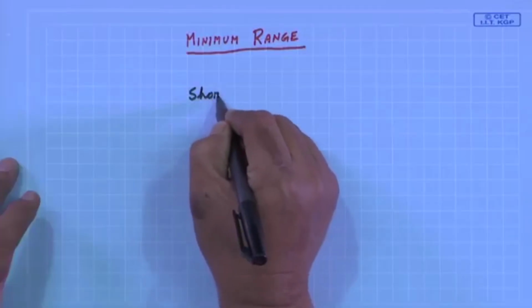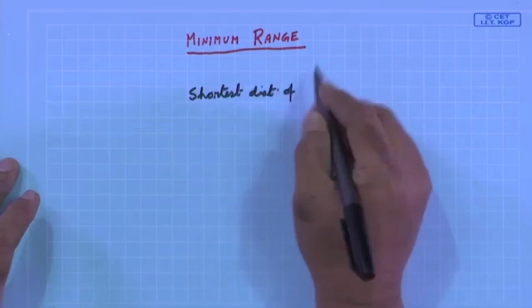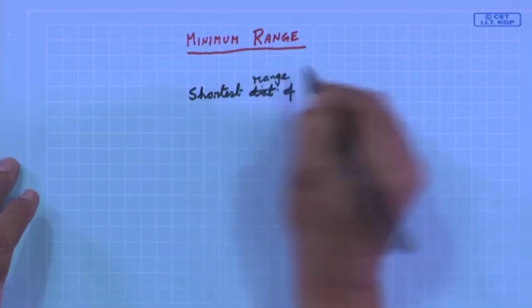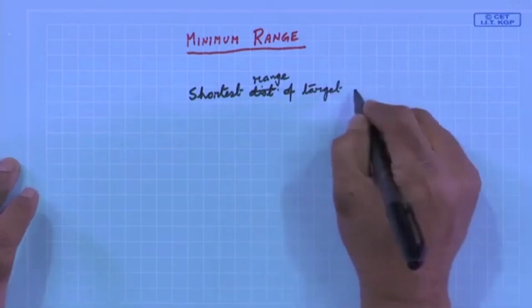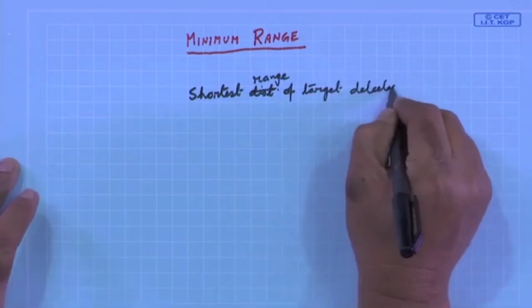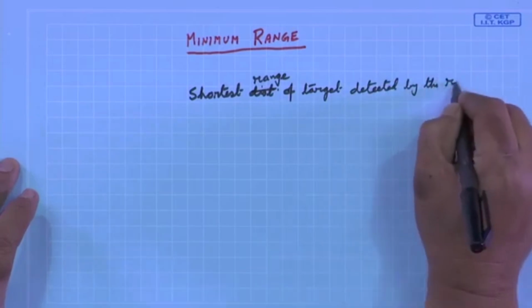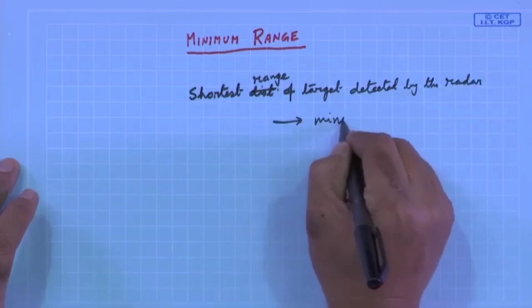First, let us say the basic definition is the shortest distance, or shortest range, of a target detected by the radar. So, this is called your minimum range.